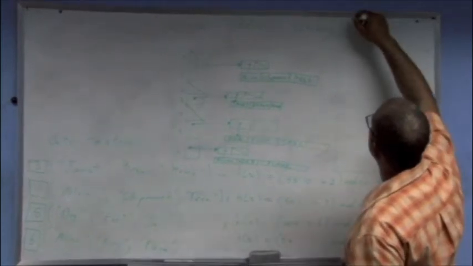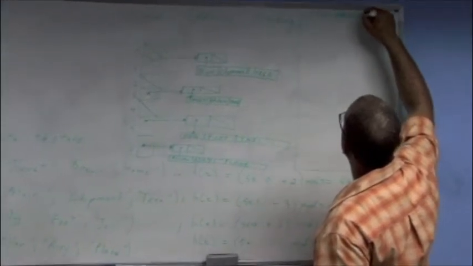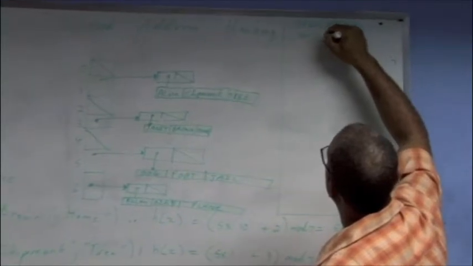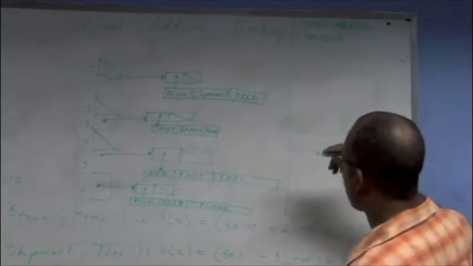Now in open address hashing, we'll make sure that our table is big enough to actually hold the data.